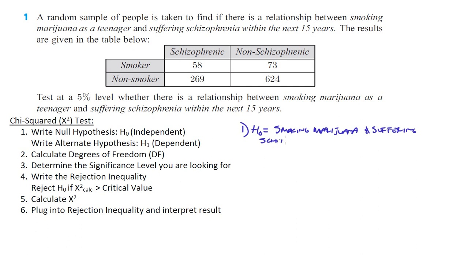I do not know how to spell that. Probably a better way to write that is: smoking marijuana as a teenager is independent of suffering schizophrenia.